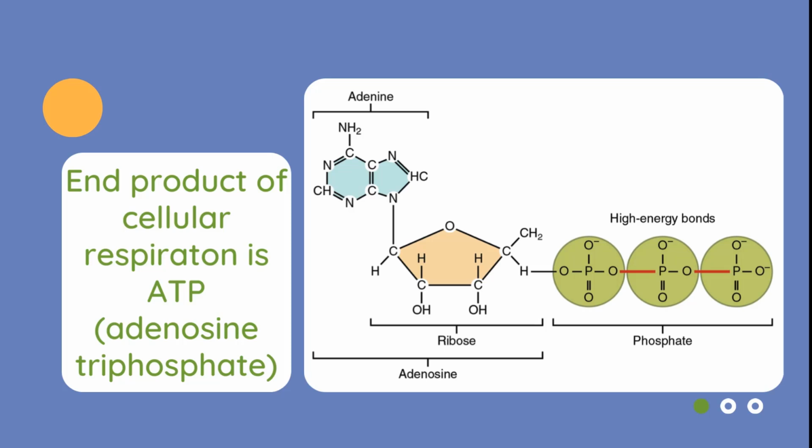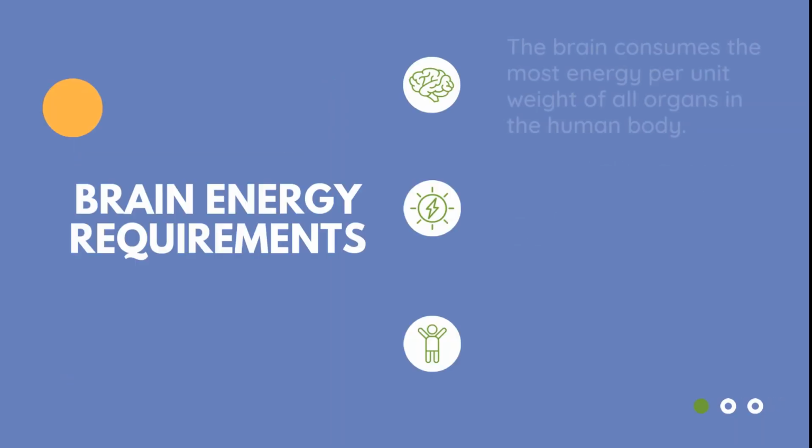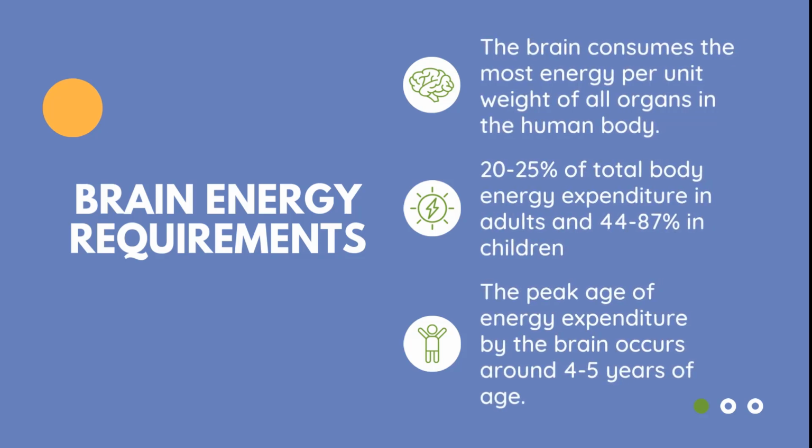And those phosphate groups are released when energy is needed for various processes within the body. Everything within the body uses this ATP for energy. So we're going from glucose to ATP, multiple steps, multiple enzymes, multiple cofactors.